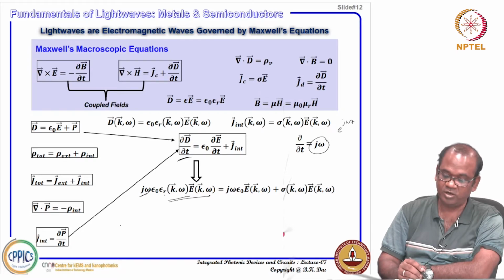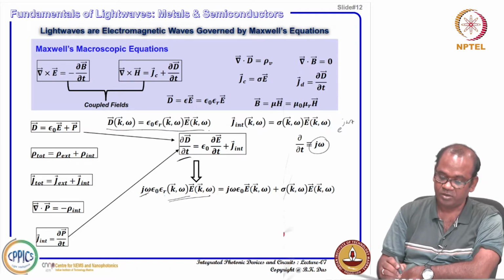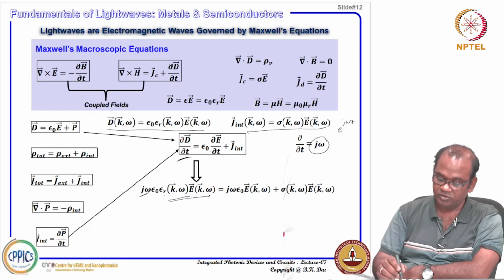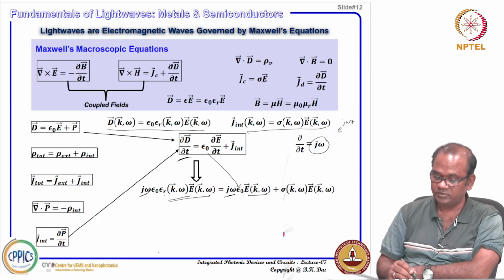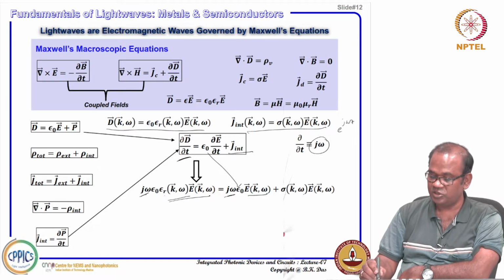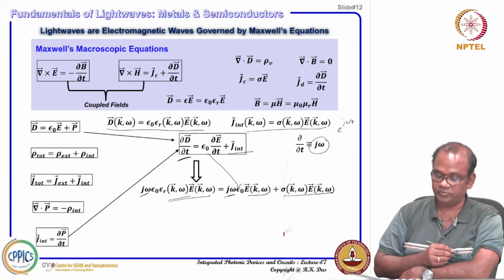So, D value we have already explained here, this one, and J also we already defined like this in the Fourier domain. So, del t I have written j omega, epsilon 0 I have written as it is, and then epsilon r, and E equal to E of k omega, and then J internal equal to sigma of k omega and E of k omega, sigma E. Okay.